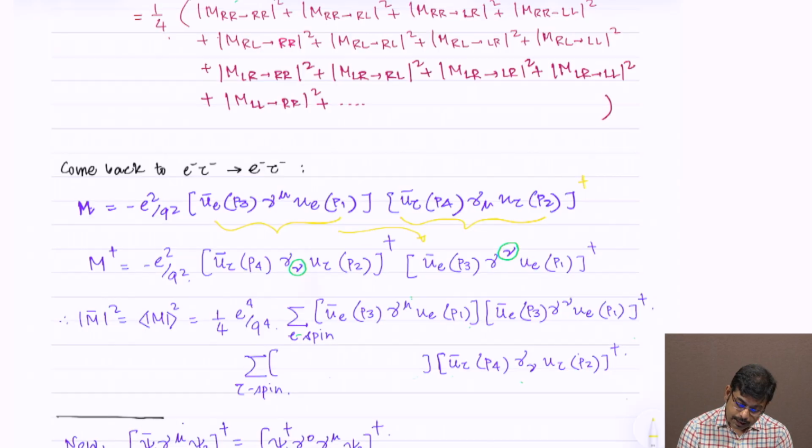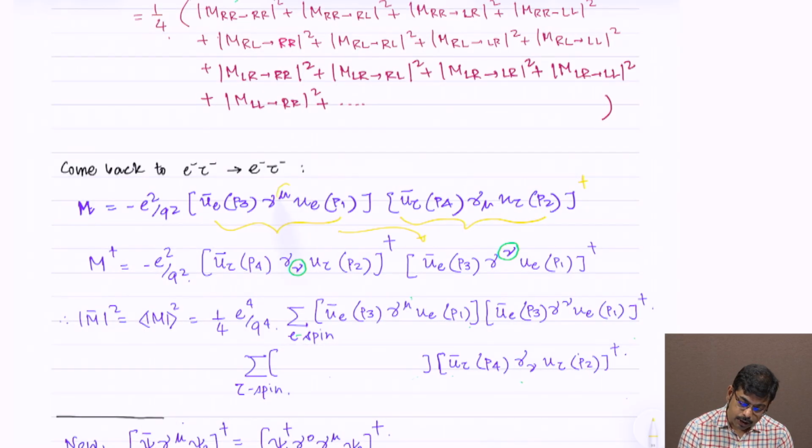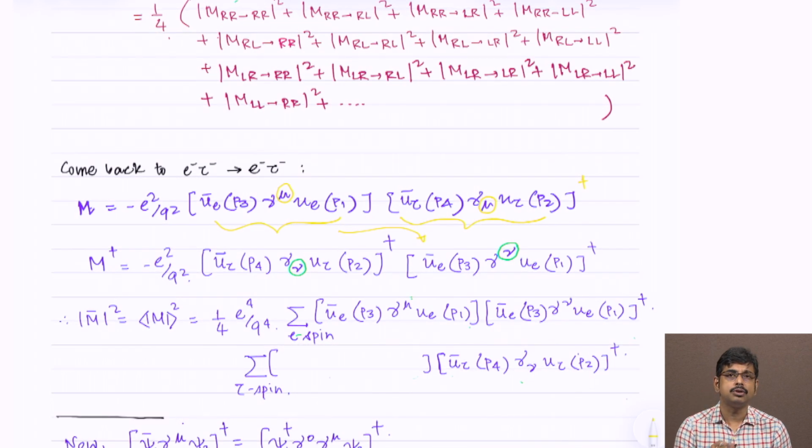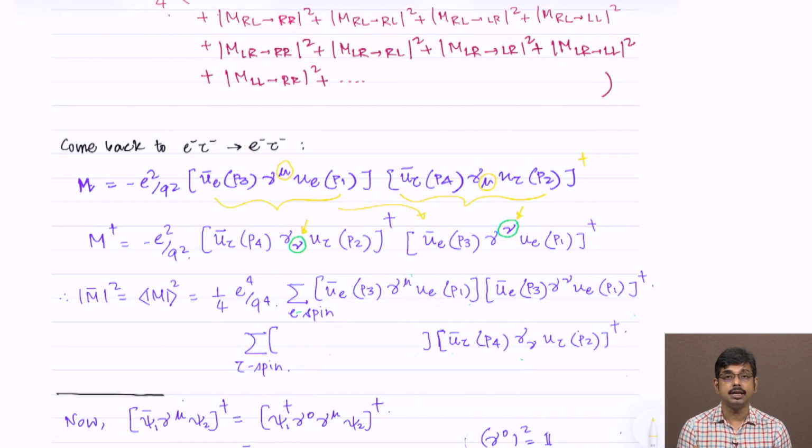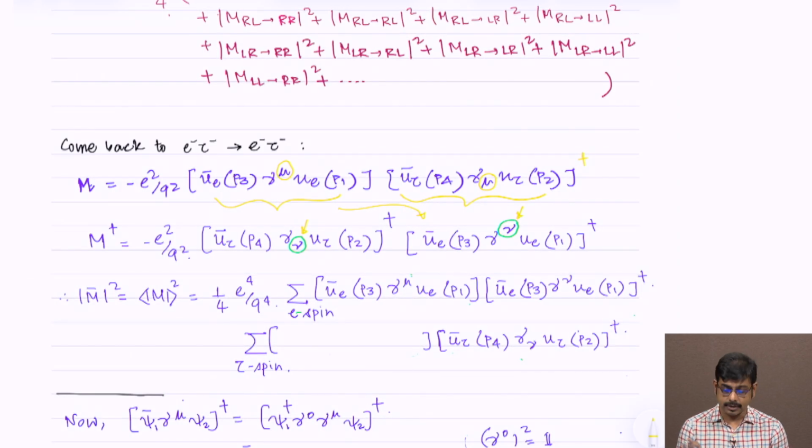You see that I had the Lorentz index mu, which was summed over here, and it was a dummy index. Just not to confuse, I must not use the same Lorentz index when I take the dagger. So, I rather use gamma nu, but you also have to make sure that this nu is a dummy and summed over, like this gamma nu which is sitting in the covariant and contravariant index is the same.